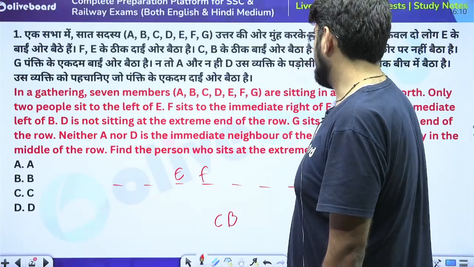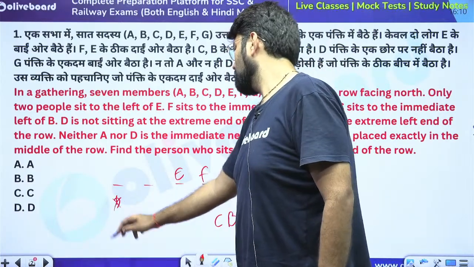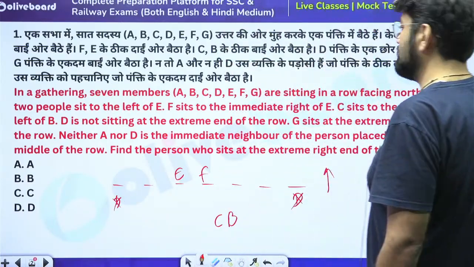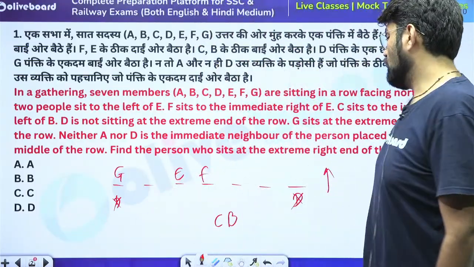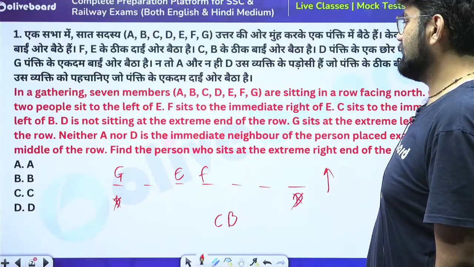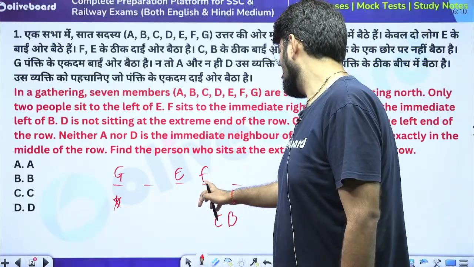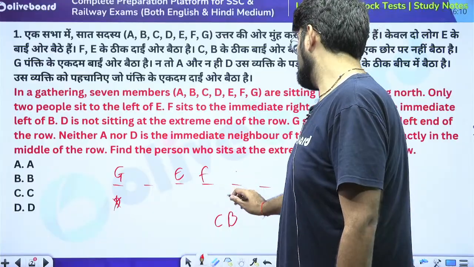D is not sitting in the extreme end of the row, so D is definitely not here. G sits at the extreme left end of the row, perfect, G is sitting here. Neither A nor D is the immediate neighbor of the person placed exactly in the middle of the row. Who is in the middle of the row? F. So neither A nor D is here.